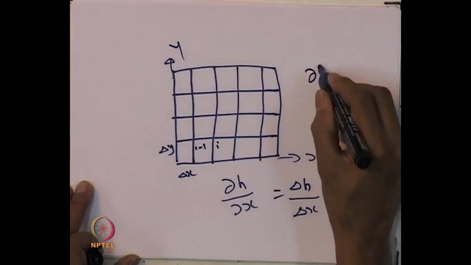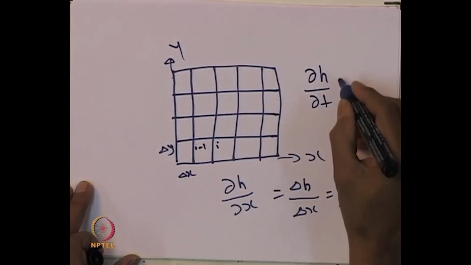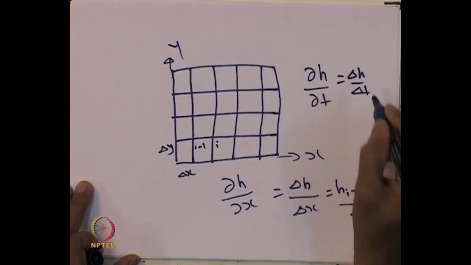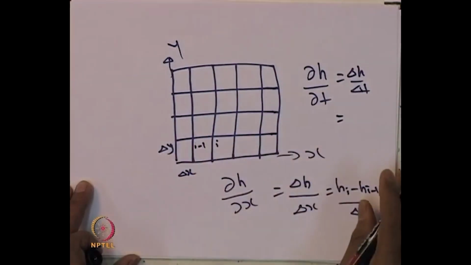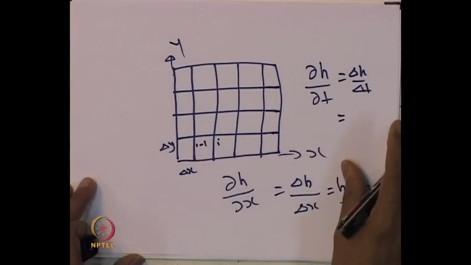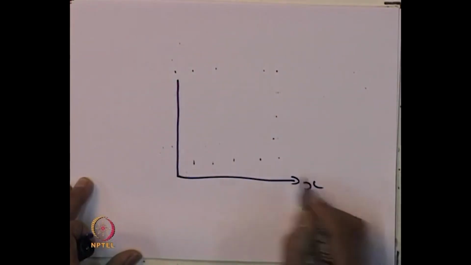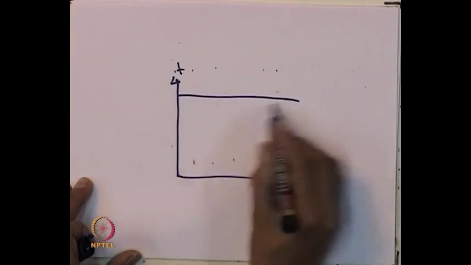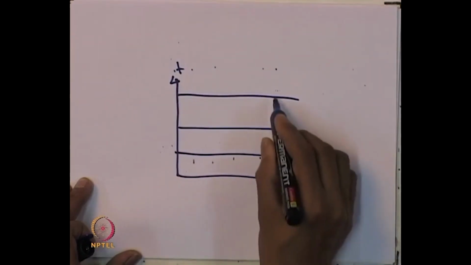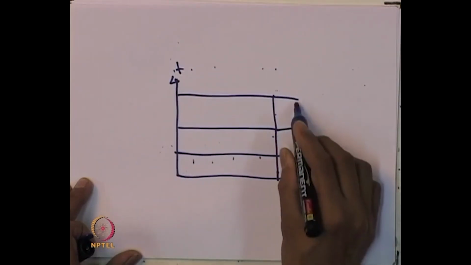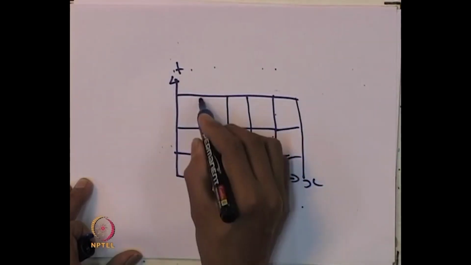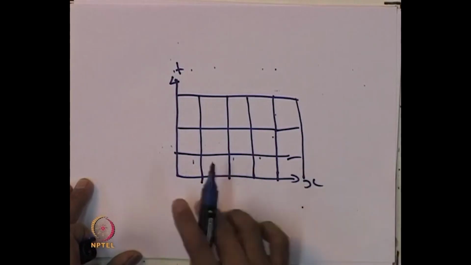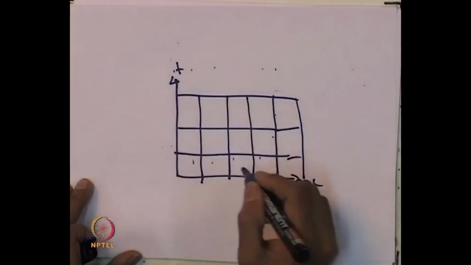Similarly for time, del h by del t we can write as delta h by delta t. There again we can have the variation with respect to the time domain. Here this is x, this is t, so we can consider the variations with respect to the x t plane. The x axis gives the variation in space and t represents the time.